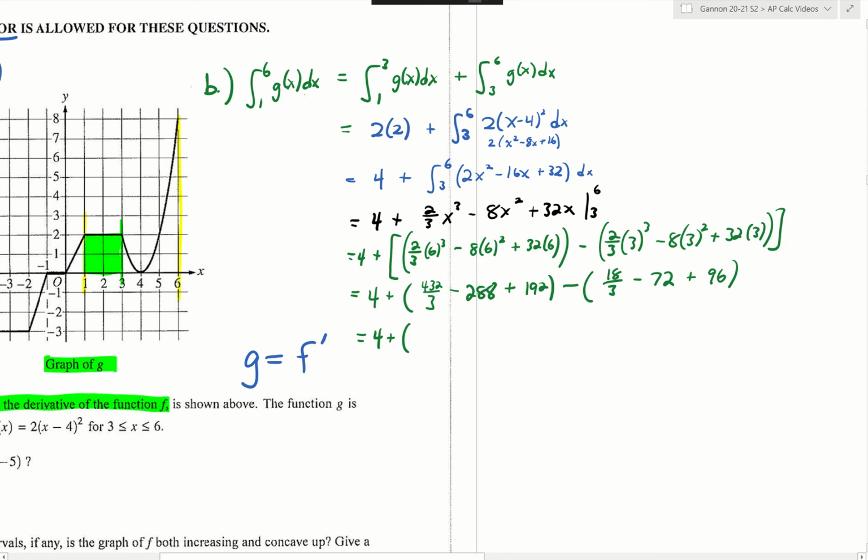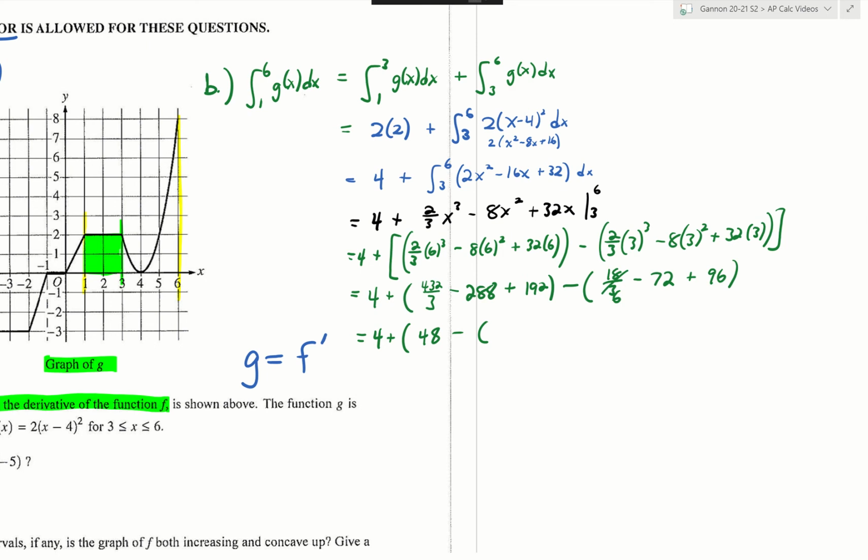So you got negative 144, so this ends up being 48, and then minus, all right, this is 6. So 6 minus 72 plus 96.